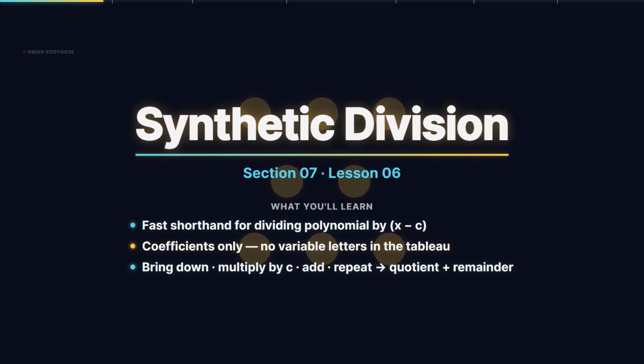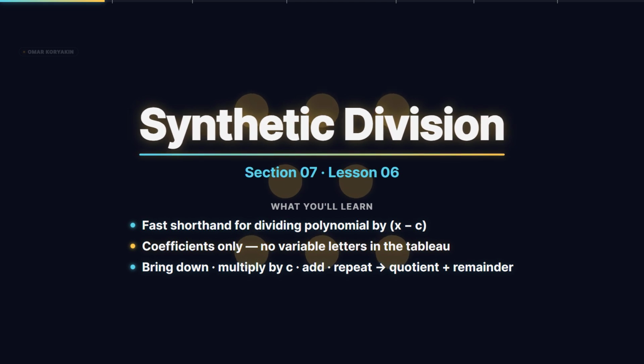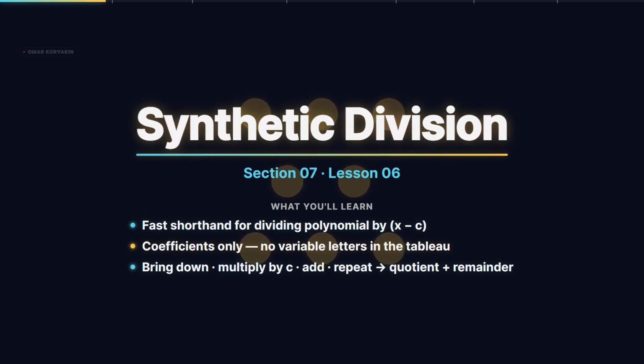Synthetic division does not work when the divisor is not linear or when the leading coefficient of the divisor is not 1. In those cases, fall back to long division. Today, we drill the synthetic division mechanic on 2 examples and lock in the shorthand for the rest of Section 7.